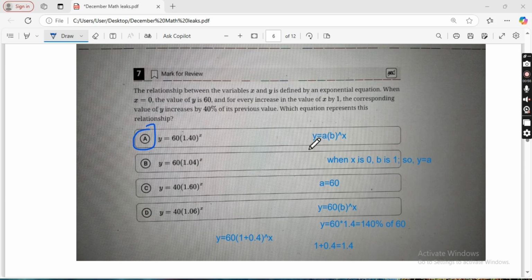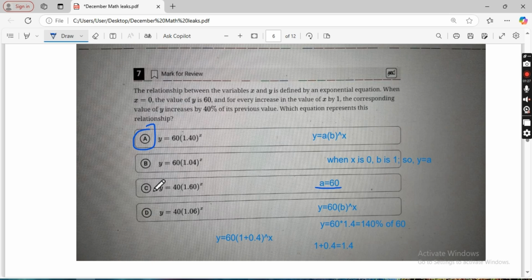In such questions, you should write this function where a and b are variables, and when x is 0, b to the power of 0 will be equal to 1, as you know, and so y is equal to a, and we have 0 of x here, and it's saying that in this case y is equal to 60, which means a is equal to 60. So our function is something like y is equal to 60 multiplied by b to the power of x.